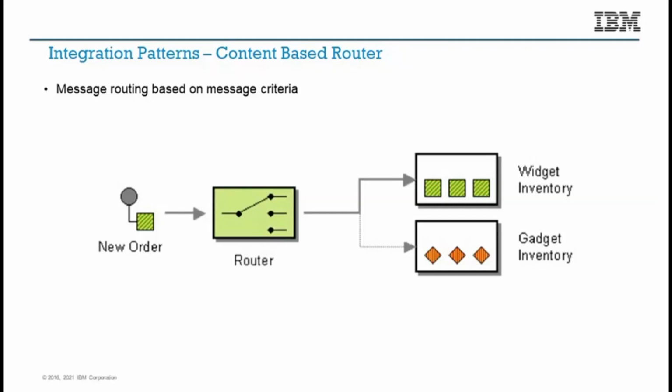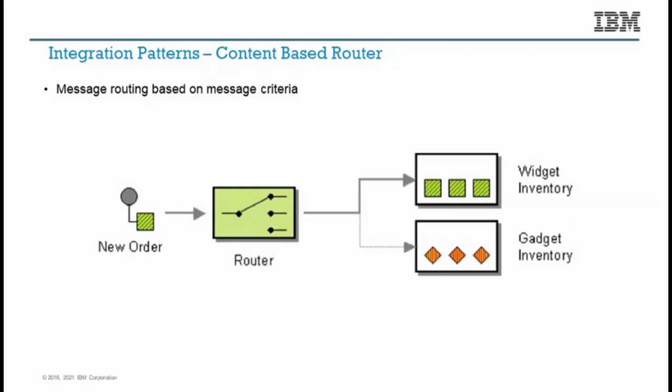So a very simple example is this thing called a content-based router. We've probably all coded these things up in different flavors without calling them enterprise integration patterns. We say, hey, here's a new order. That new order is for a green box with these diagonal stripes, and that can go to this content-based router, and that then gets routed to the thing that manages either the gadget inventory or the widget inventory.